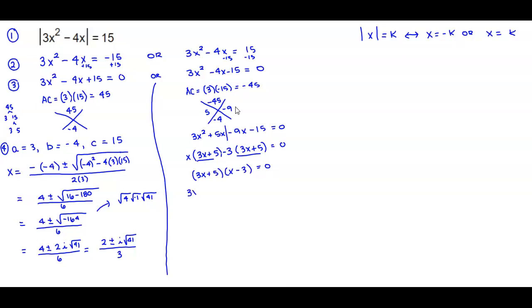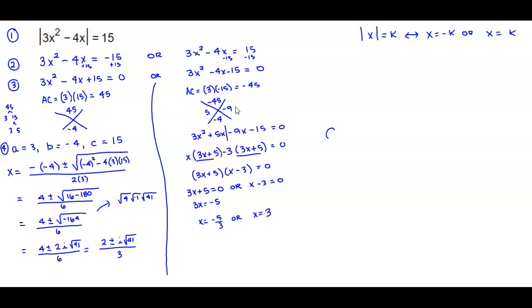Using the zero product rule, we have 3x plus 5 equal to 0, or x minus 3 equal to 0. So we have 3x equal to negative 5. Divide both sides by 3, and x is equal to negative 5/3, or x is equal to positive 3.